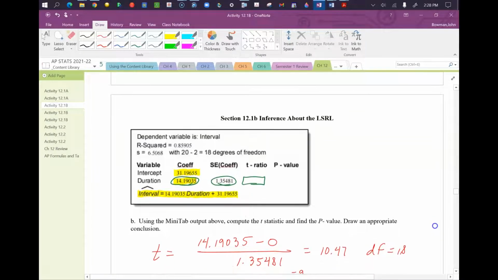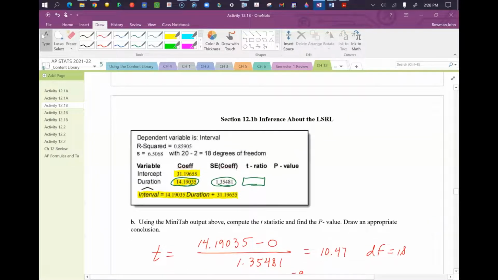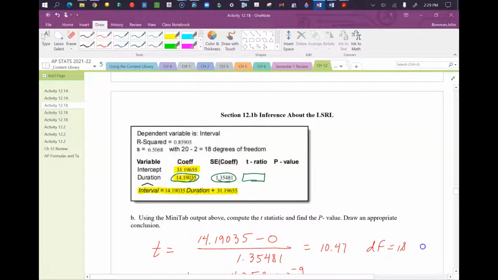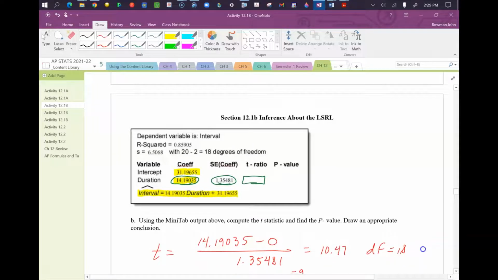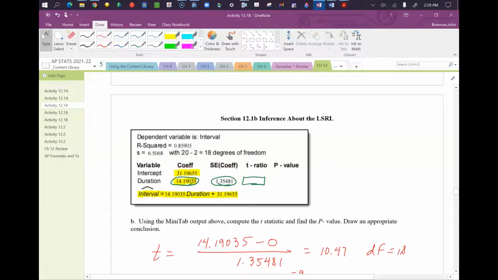As you can see, 14.19 minus 0 over 1.35 gives us a t-value of 10.47, which essentially tells us that, if the null hypothesis is true, our sample slope is about 10.5 standard deviations above what we hypothesized. Under any circumstances, that would result in a very small p-value.